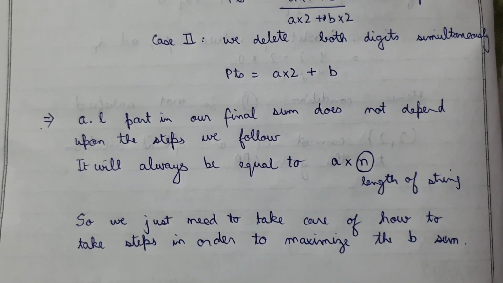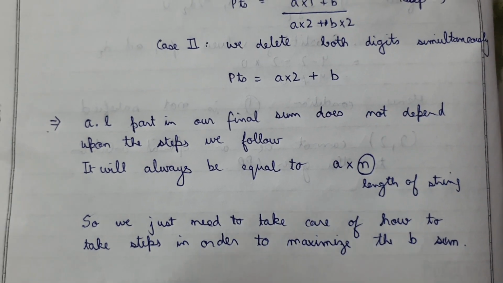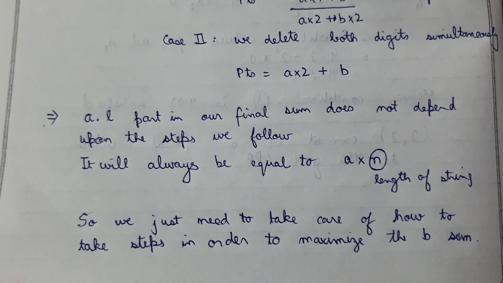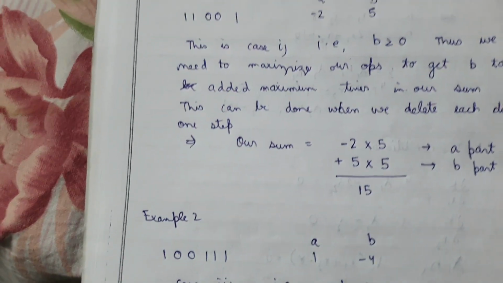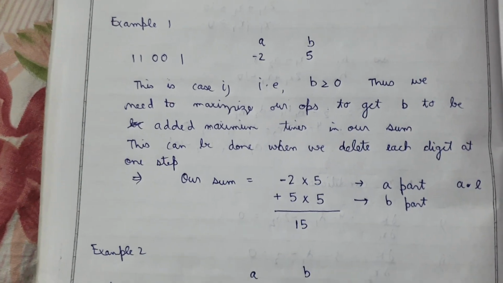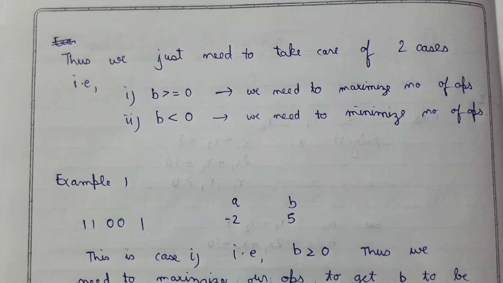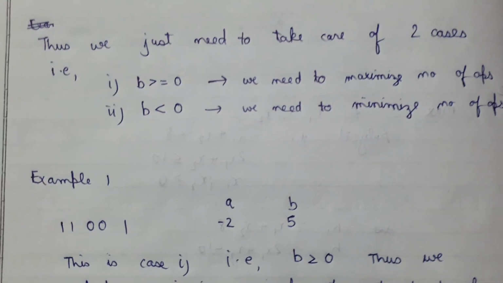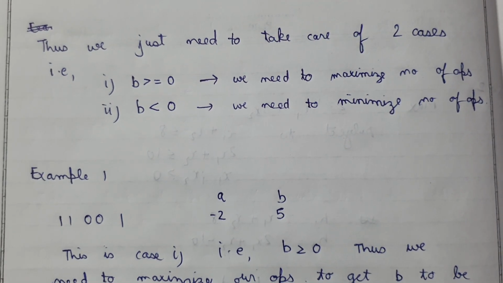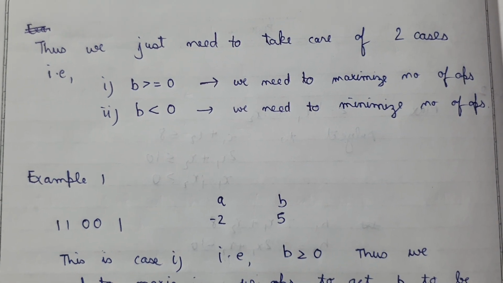So we just need to take care of the b part. So we are just left with two cases, that is, when b is either greater than or equal to 0 or b is less than 0.